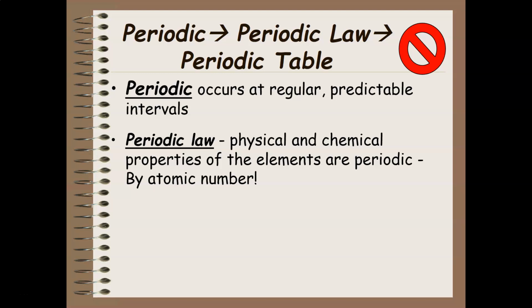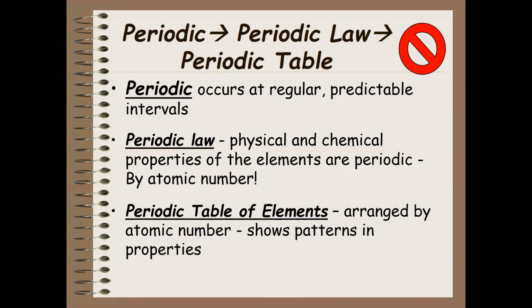And so once they realized that the elements were showing this predictable set of patterns, they were able to arrange them based on the atomic number to really highlight and make those patterns more easily accessible to us. We can look at where an element is and figure out what its properties are most likely going to be.